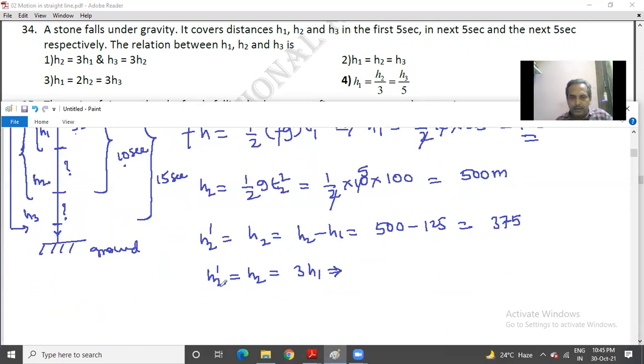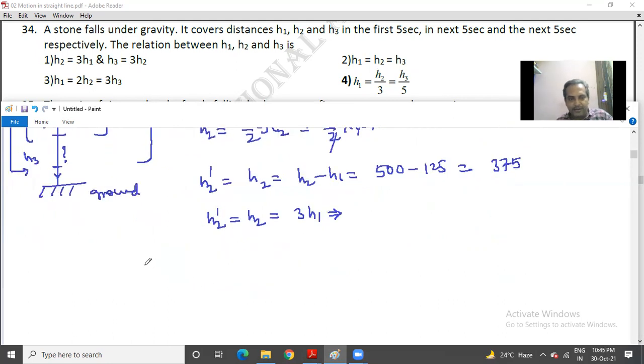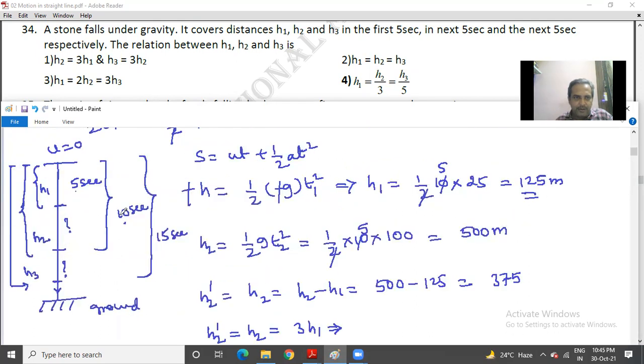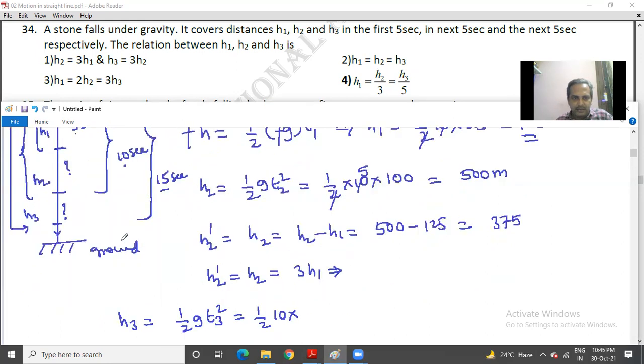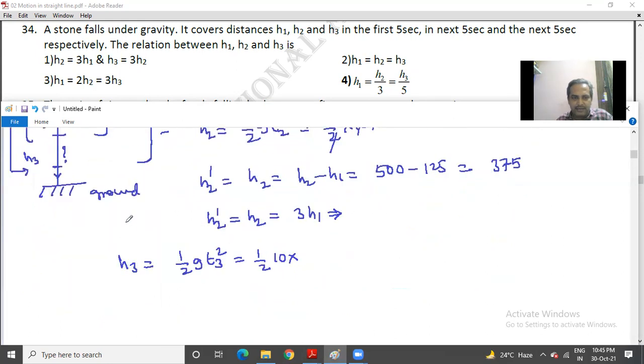Okay. Next, similarly, let us also find out H3 first. Half gt3 square, half g is 10. But here, from the beginning, within 15 seconds, how much distance does it travel? That is H3.